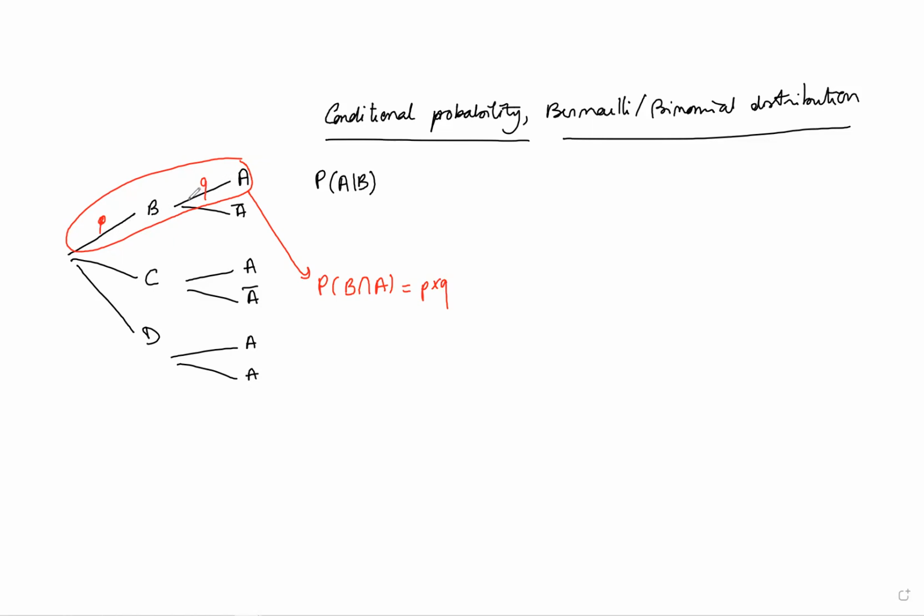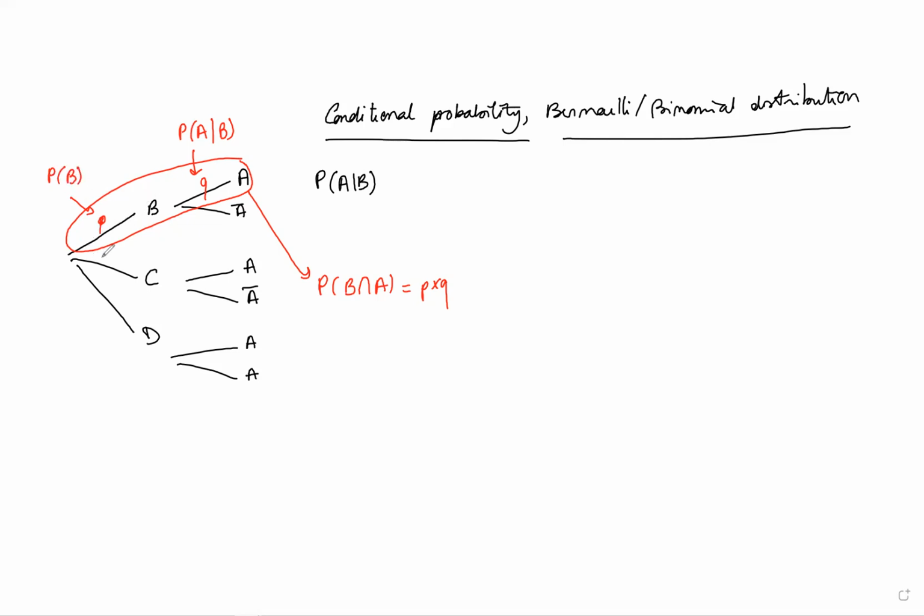But in these probabilities, this one here is the probability of A knowing that B has occurred, because you are here. So B has already occurred, okay? And this one is the probability of B occurring.